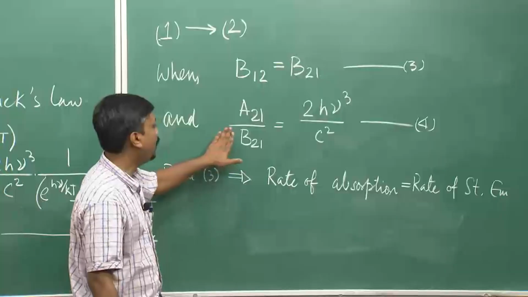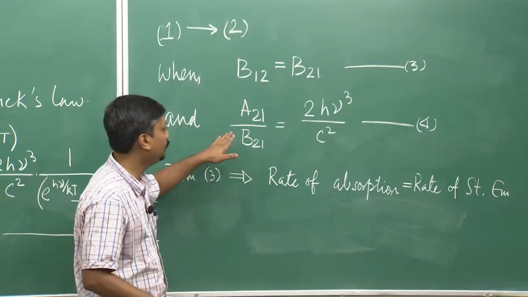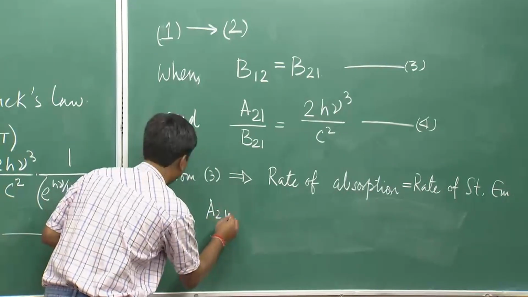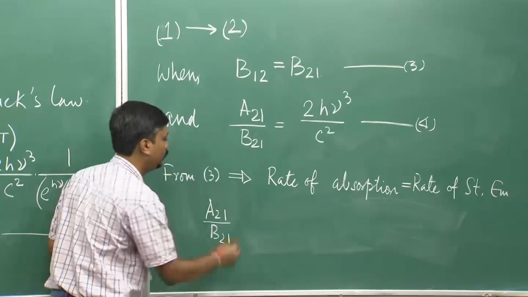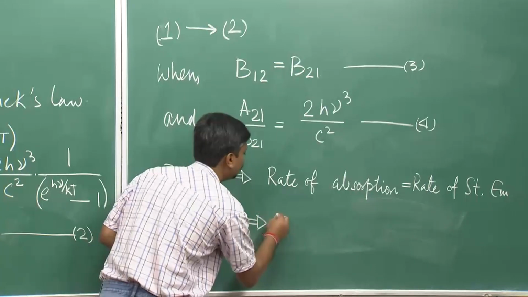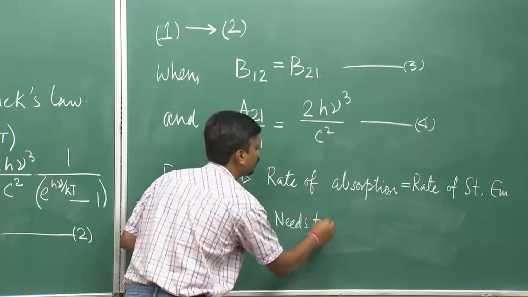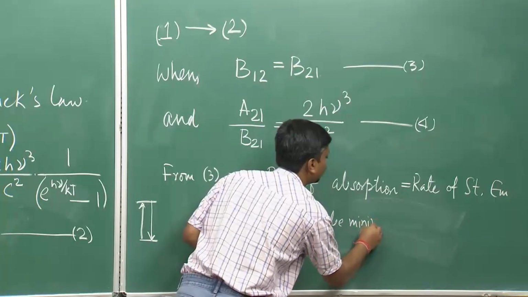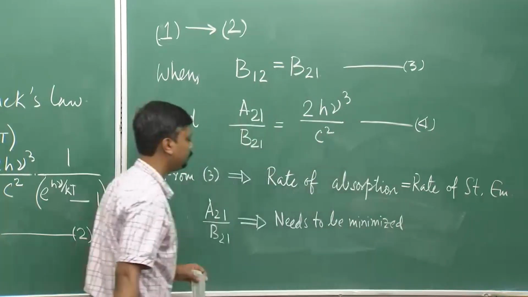So, if I need to really get a laser, this quantity A21 by B21, this ratio, needs to be minimized. Right.